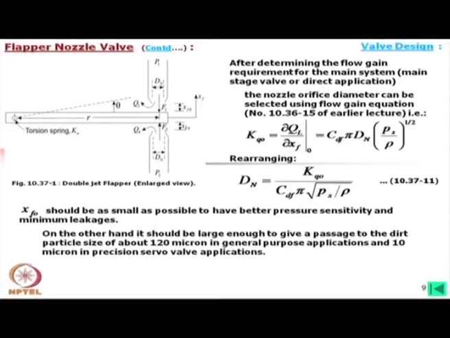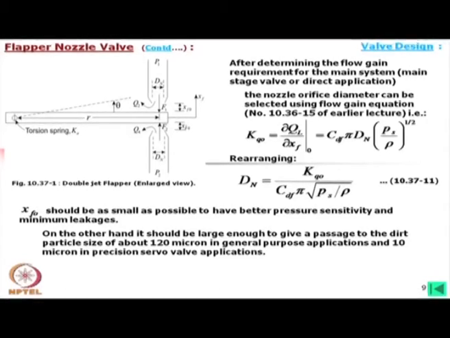You see, normally in an ordinary general purpose valve, we can allow particles of 120 micron. In that case, usually after the pump we can allow this flow directly to the valve, and before the pump we have only a strainer which is in the range of at most 150 micron or something like that.